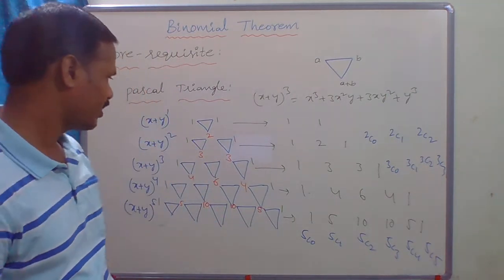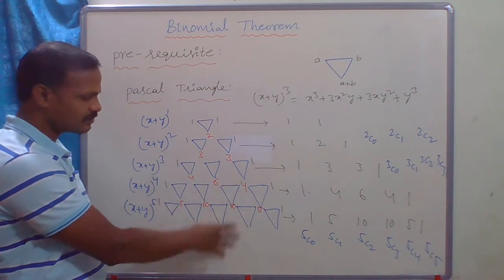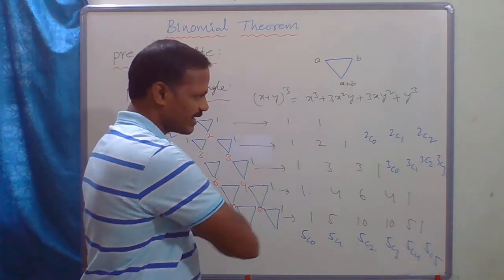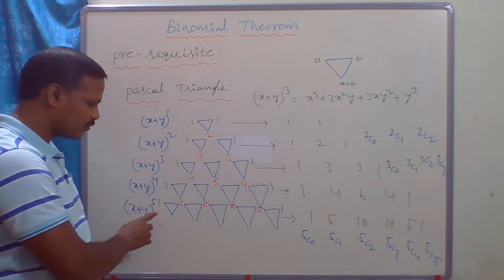So this is called Pascal triangle. By using this Pascal triangle, we can expand a given binomial expression. See x plus y whole power 5.